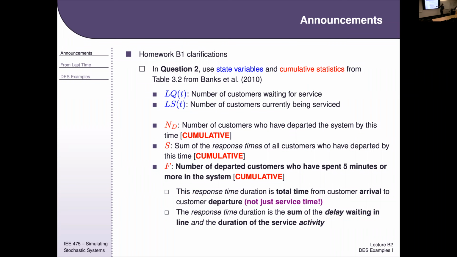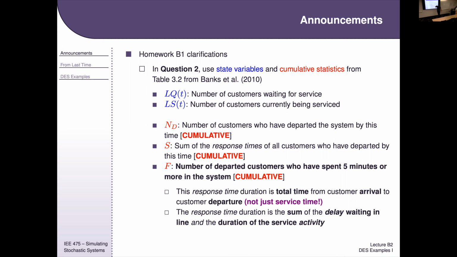Then just to clarify, the response time duration is the total time a customer spends in the system from arrival to departure. It is not just their service time. So we give you a list of service times, and it might seem a little funny, like, why am I counting up the number of customers that have a service time greater than 5 if you just look at the list ahead of time without running the sim? That's not what response time is.